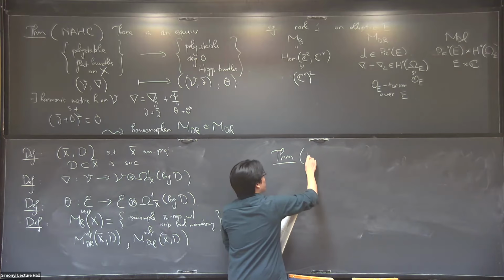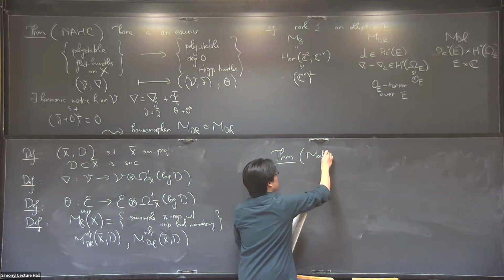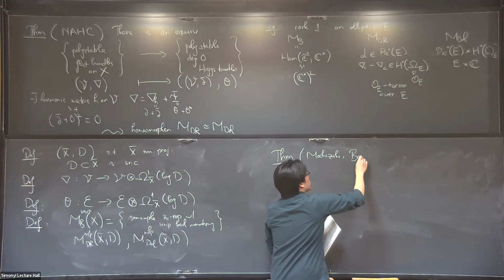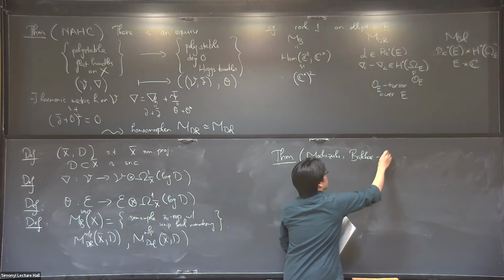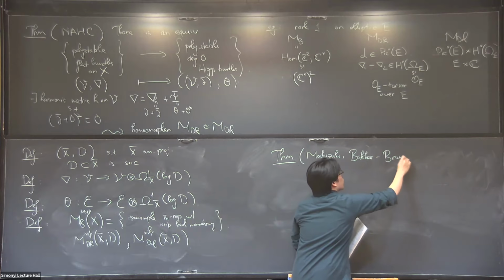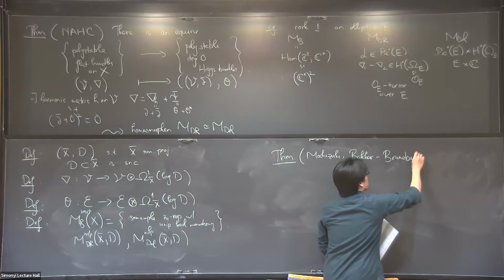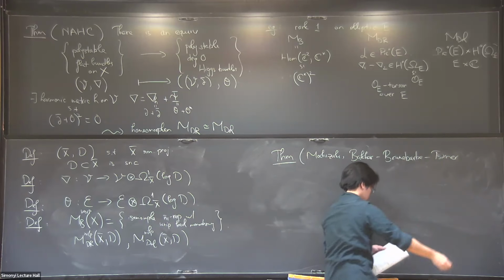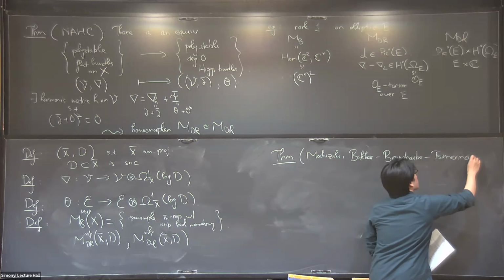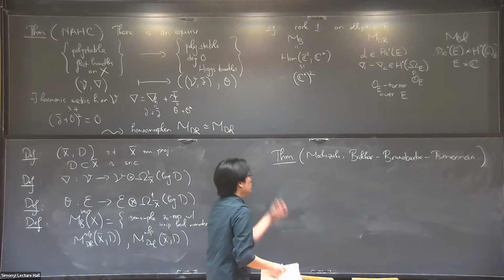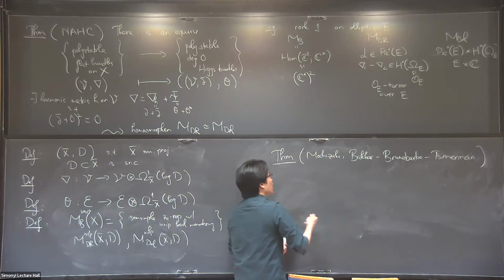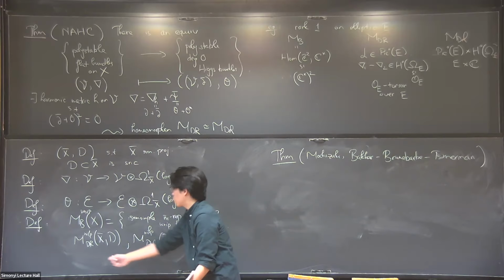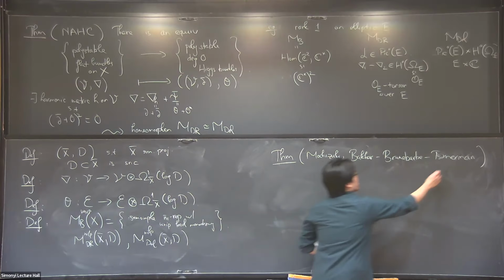So this is a result of Mochizuki and Chen, Brunebarbe and Tsimerman, which basically says that you have a homeomorphism between this Dolbeault space and this Betti space, maybe plus epsilon.